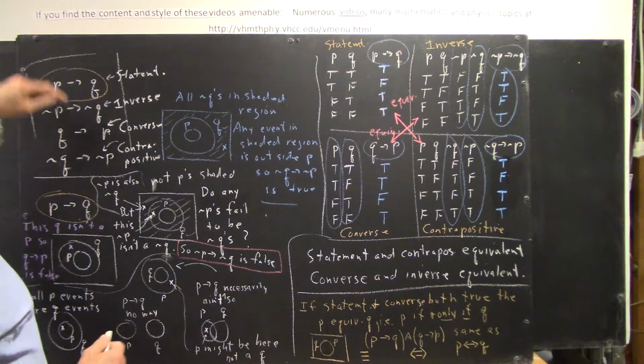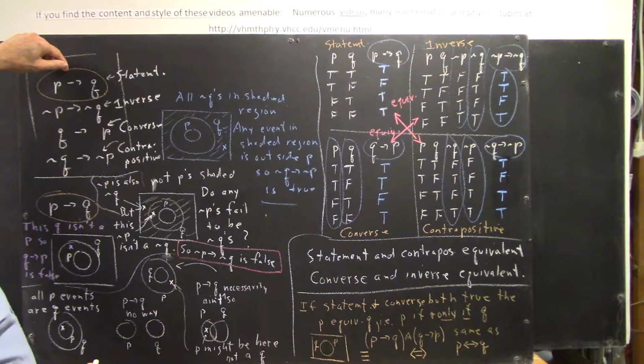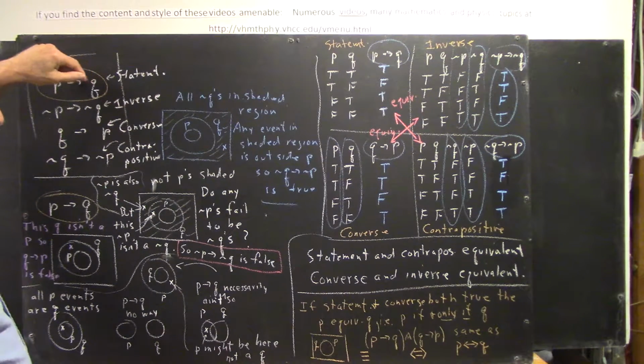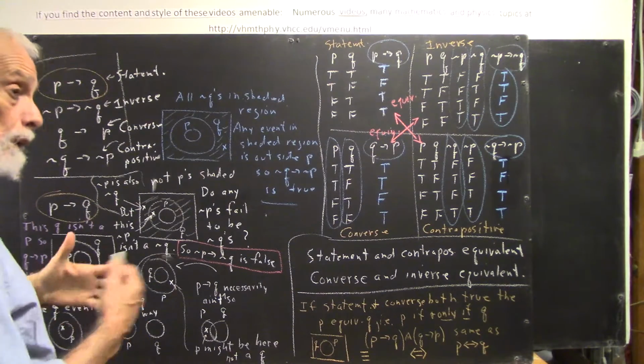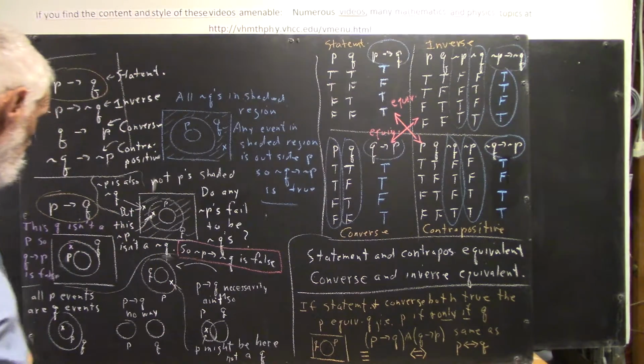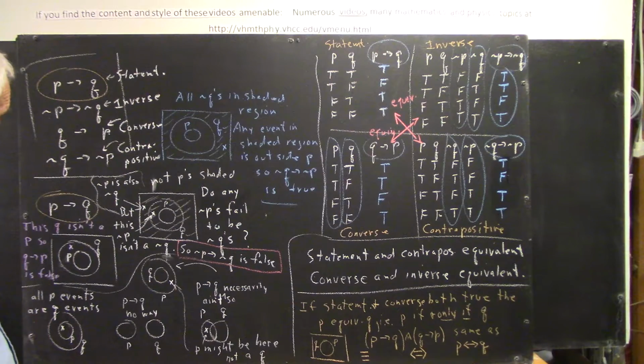Okay, let's take a look at a Venn diagram for the statement if P then Q. What would a Venn diagram look like? We've already seen what it looks like, but let's review that. Here we have a circle indicating all P events and a circle indicating all Q events.